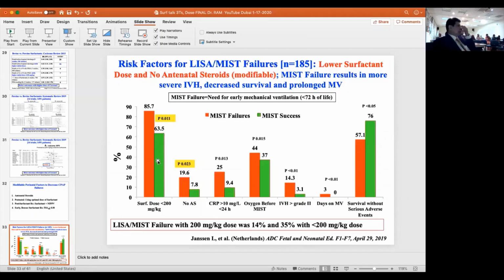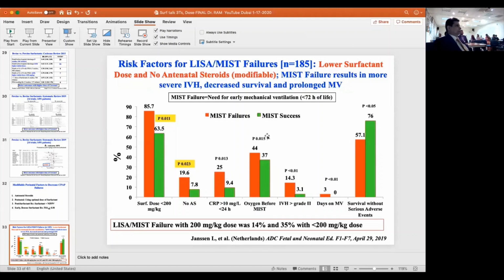With the lower dose, success is only 63%, versus 86% with the higher dose. With no antenatal steroids, babies on CPAP have much higher failure, 20%. CRP, evidence of chorioamnionitis or inflammation in the baby, if it is more than 10 milligrams, is also significant for high failure.